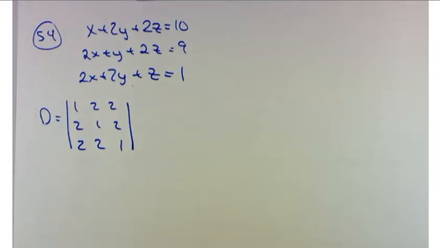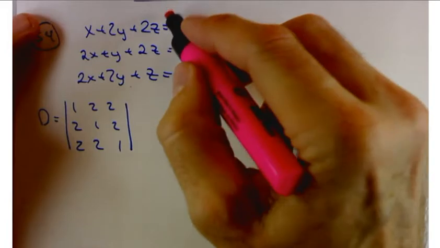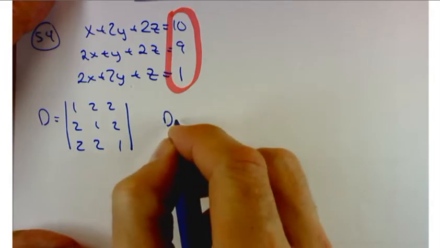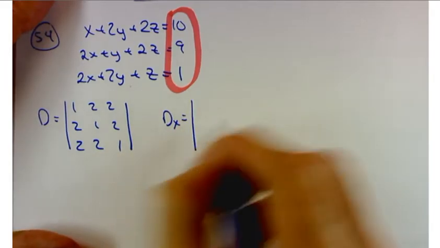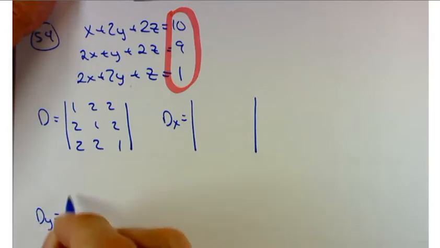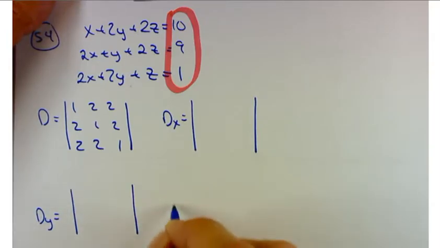Do you see where that's coming from? We're going to do kind of the same game here that we did in Cramer's rule in the other case. I need dx, and then dy, and then dz.